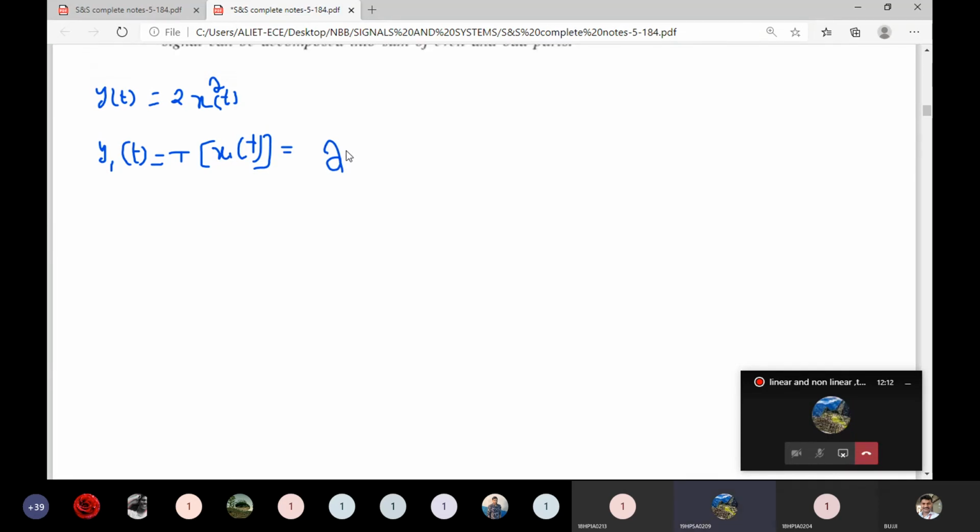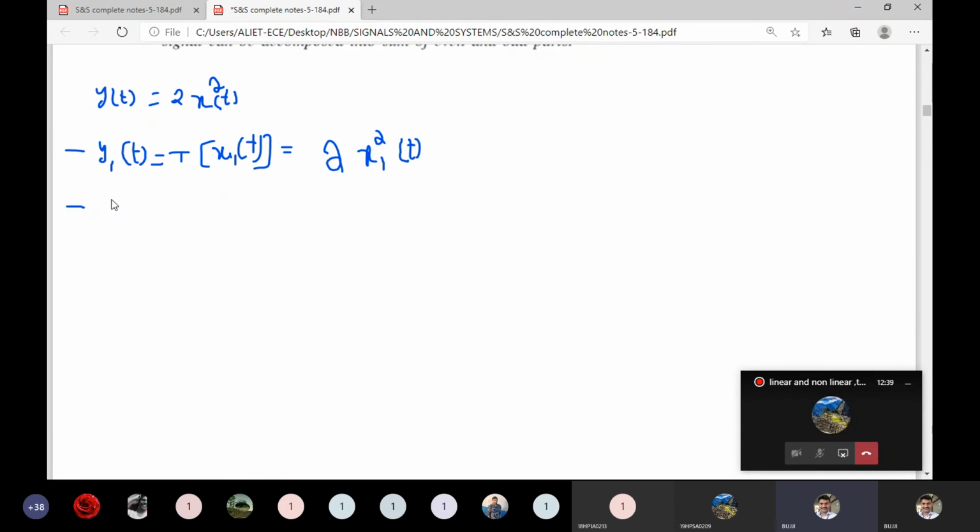Okay, sorry. y1 of t equals the transformation of x1 of t, that becomes 2 times x1 square of t. This is regarding the first point.